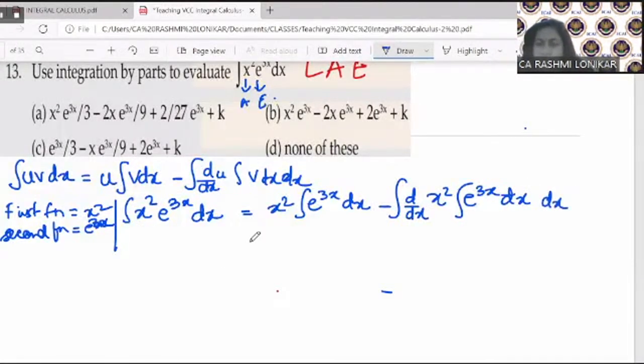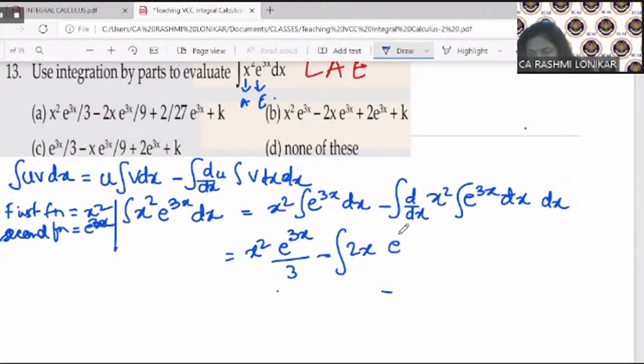Now what will this be? This is x square. What is the integration of e raised to 3x? Integration of e raised to 3x will be e raised to 3x upon 3, minus integration of, what is the derivative of x square? It will be 2x. What will be the integration of e raised to 3x?